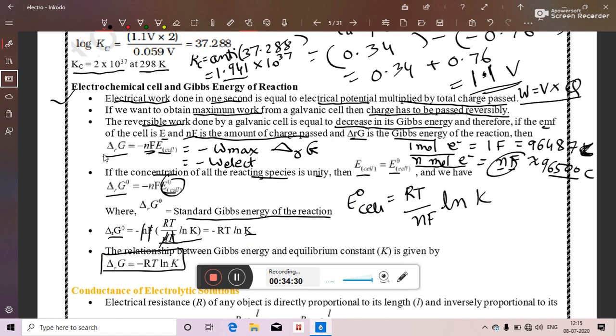One is delta G of reaction equal to minus nF E naught cell, and second is delta G equal to minus RT natural log of K. Now suppose the potential of the cell, that is E cell, is given, and we have to find out delta G. Then you can use this equation, and if delta G is given and we have to find out K, then we can make K the subject, and then we can find the answer from this equation, that is delta G of reaction equal to minus RT natural log of K.